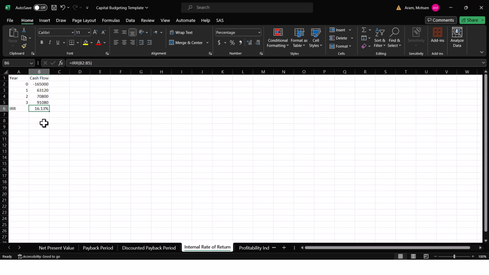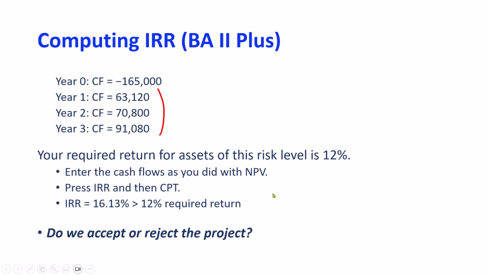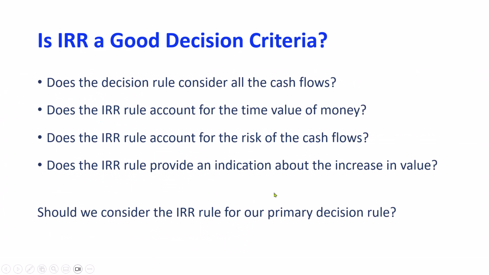So let's look at some of the advantages and disadvantages of IRR. Is it a good decision criterion? Does it consider all the cash flows of the project? The answer is yes.